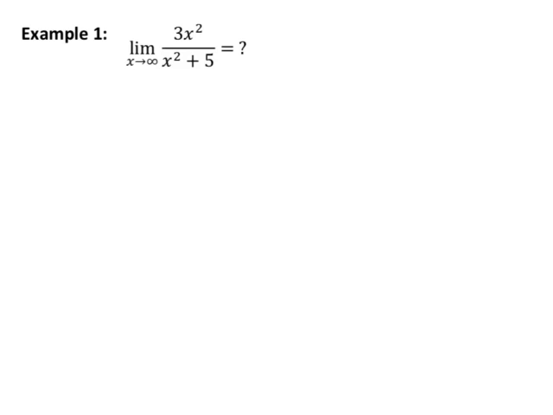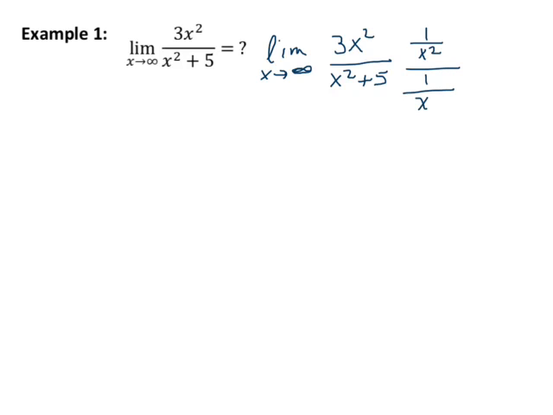We're going to have the limit as x approaches infinity of the same function, 3x squared over x squared plus 5, and I'm going to multiply the numerator and the denominator by 1 over x squared. Now you may ask, where did you get this from? It deals largely with the 3x squared here and the x squared here being the largest power in this expression.